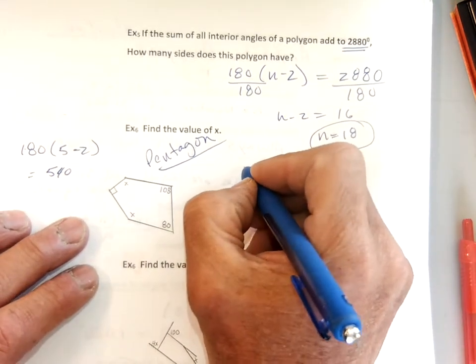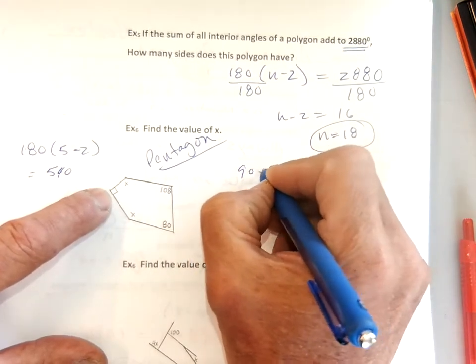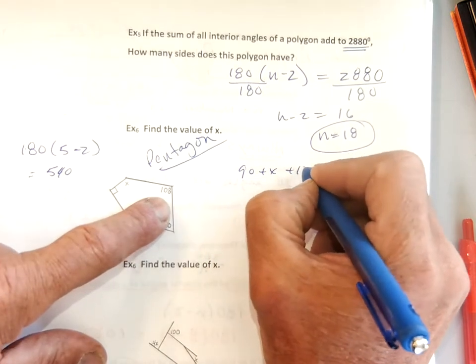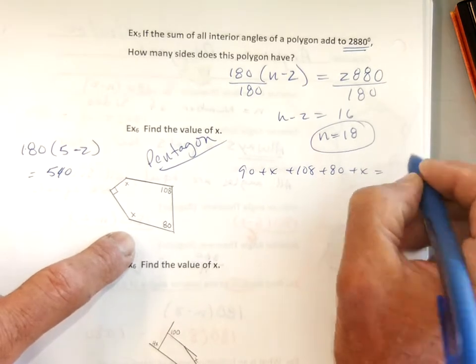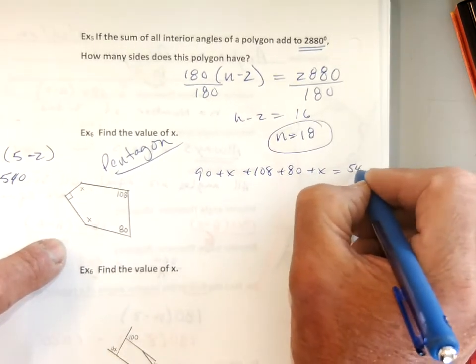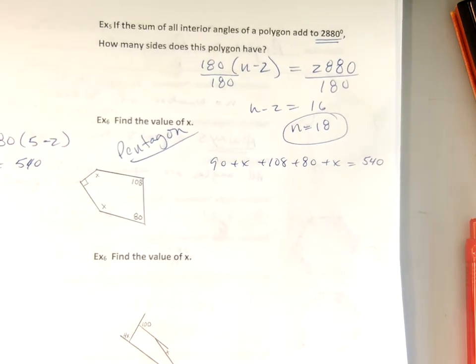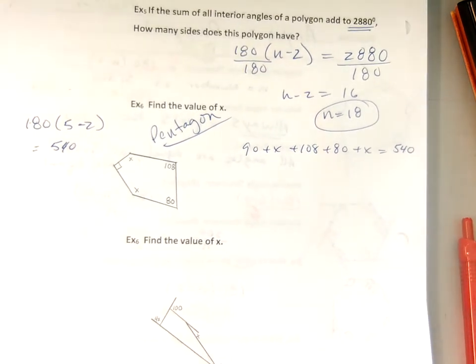I'm going to say 90 plus x plus 108 plus 80 plus x equals 540. I know 540 because I used my formula to find out what the sum happens to be. So 540 is equal to all of the individual angles. Hold on, Anna, let me get you some notes. Okay.